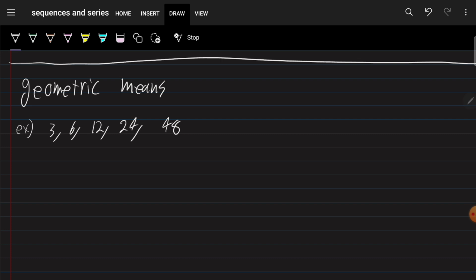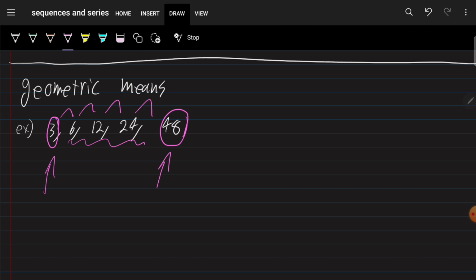Like, what is its meaning? A geometric mean, if I say to find 3 geometric means between the number 3 and 48, that means I want 3 numbers that are evenly spaced out between 3 and 48.